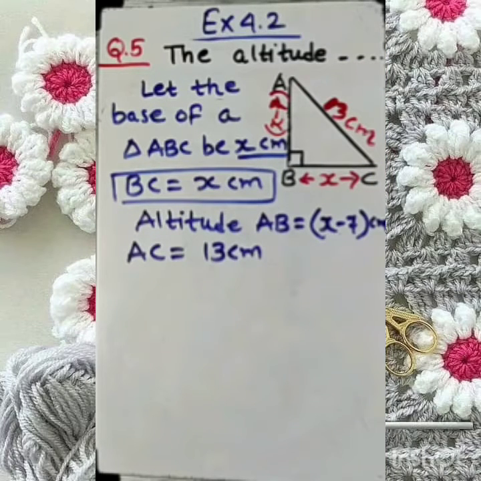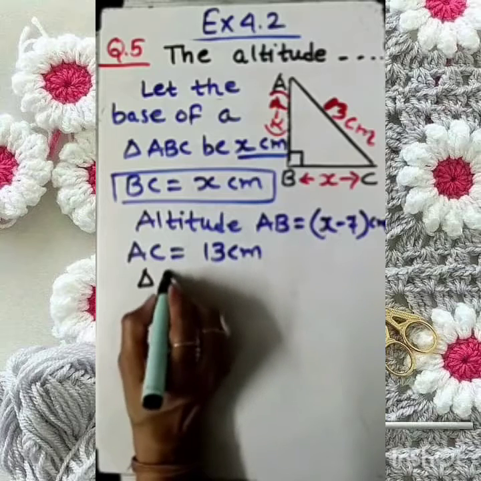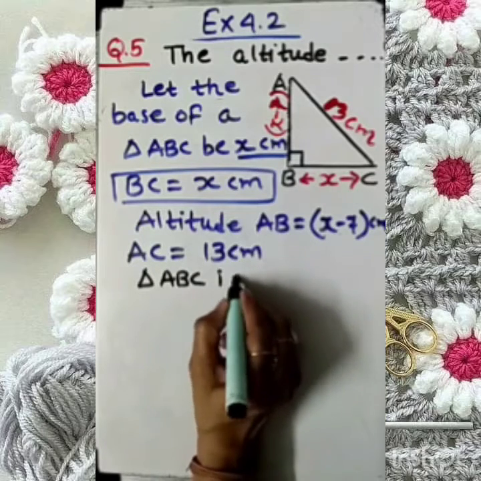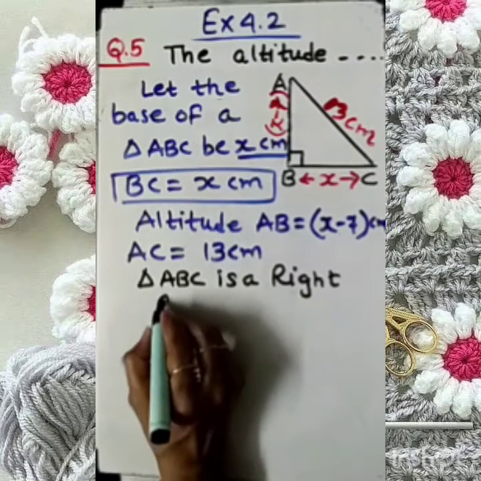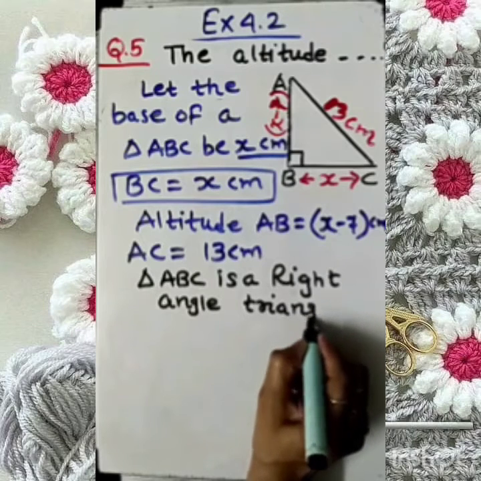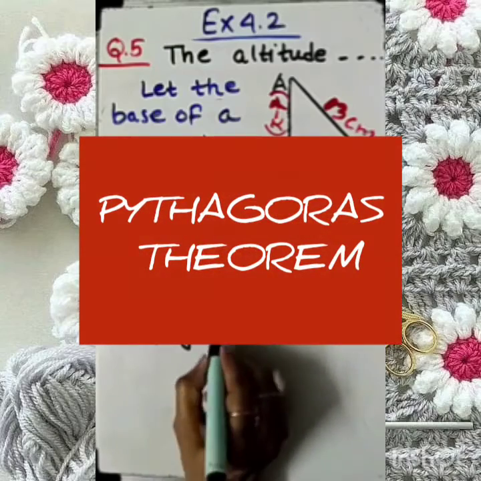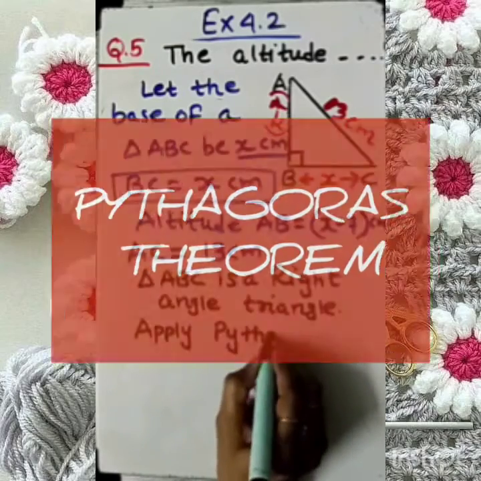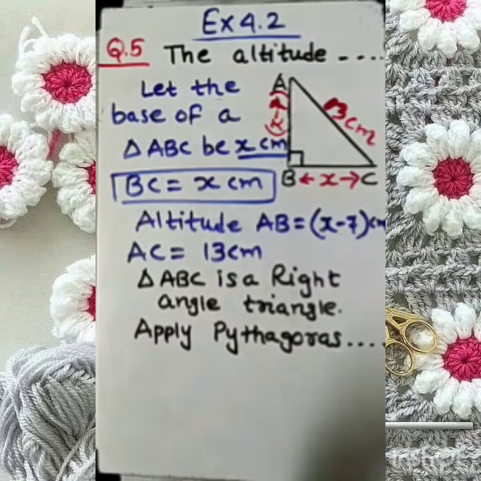Now as it is a right angle triangle, we need to recall Pythagoras theorem, right? Triangle ABC is a right angle triangle, so let's apply Pythagoras theorem here. It is very important that we use it here.